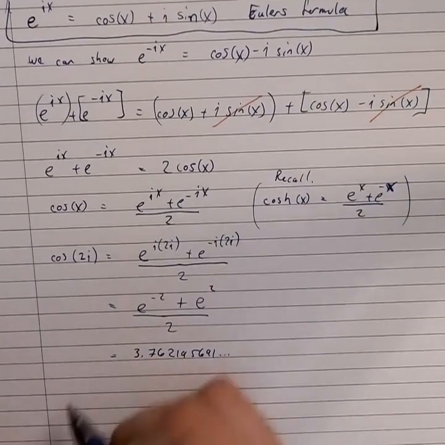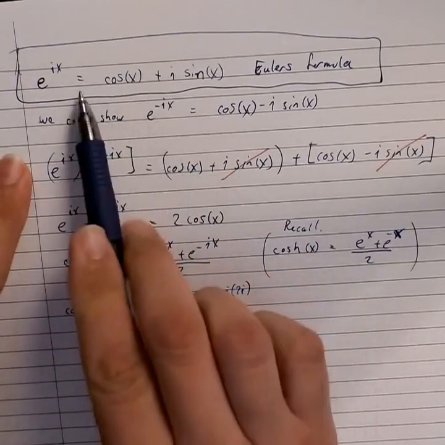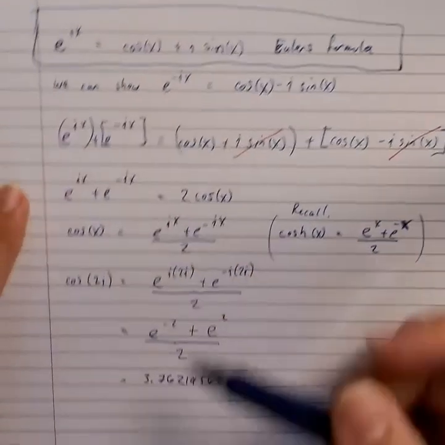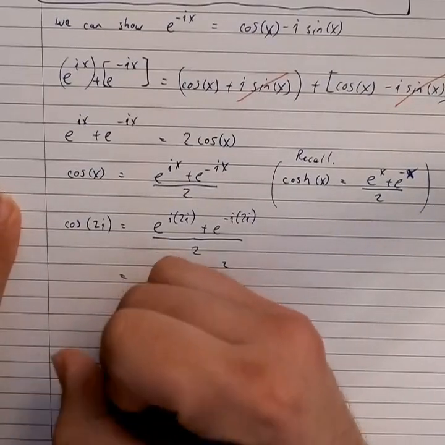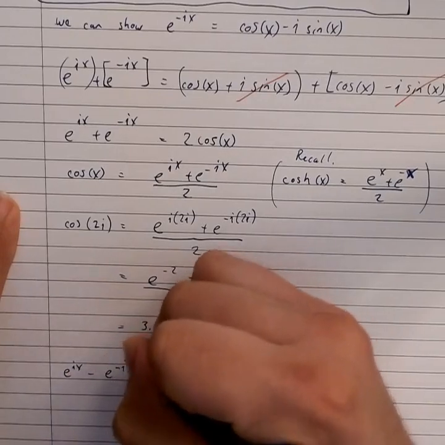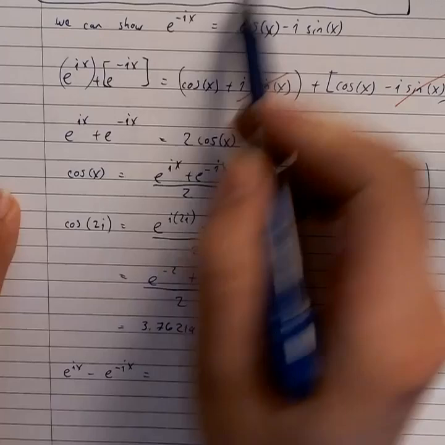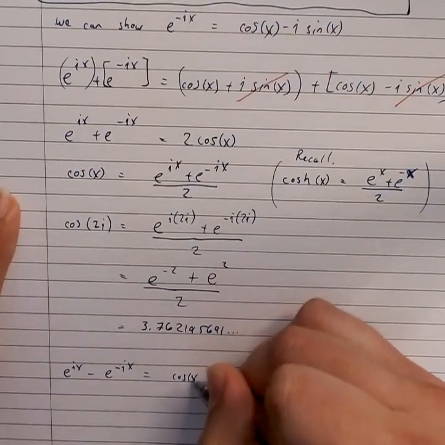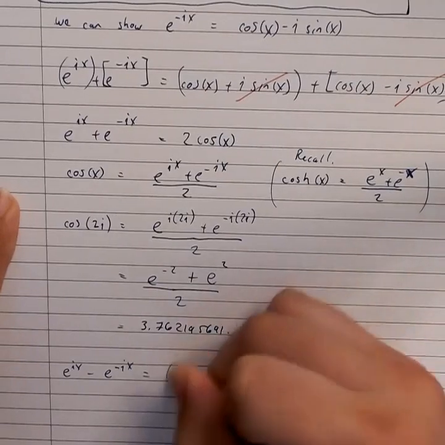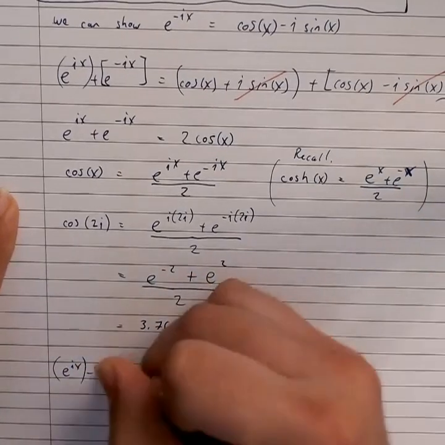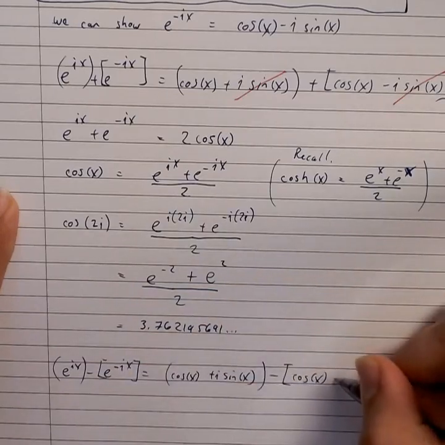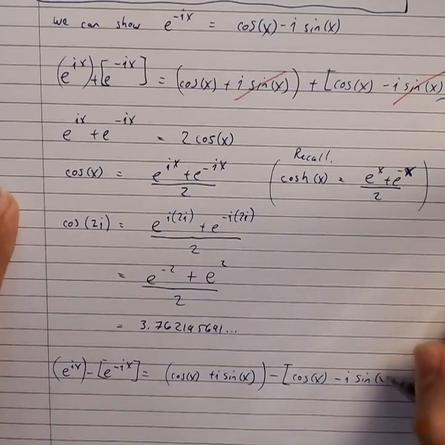We can do something similar for the sine function. Instead of having these two and adding them together like we just did, we could always subtract them. And we could have e to the ix minus e to the minus ix. Well, that's going to be this one, cosine of x plus i sine of x, minus this one, which is cosine of x minus i sine of x.